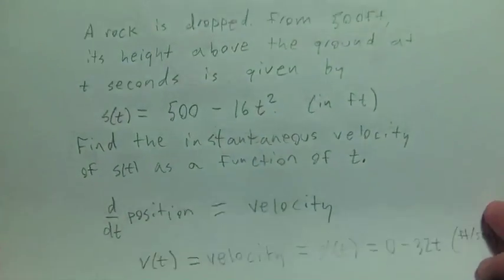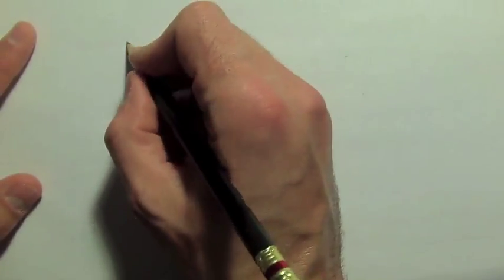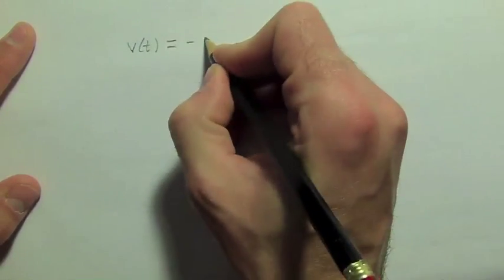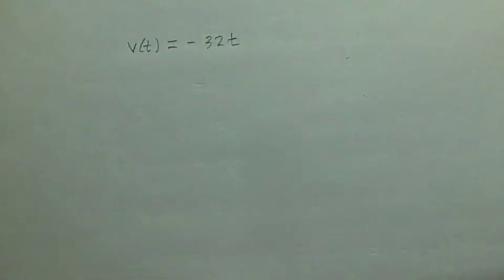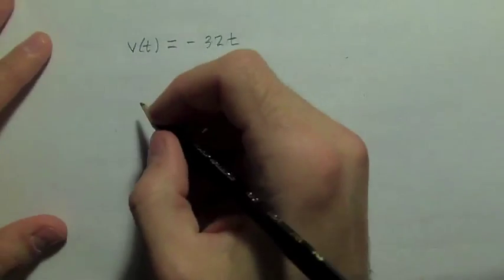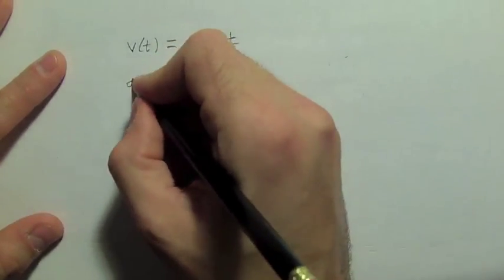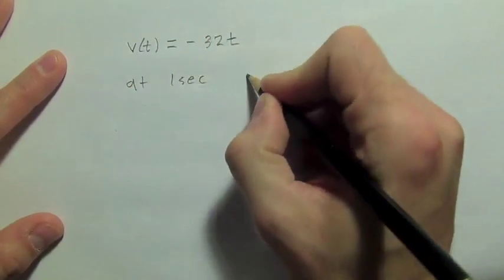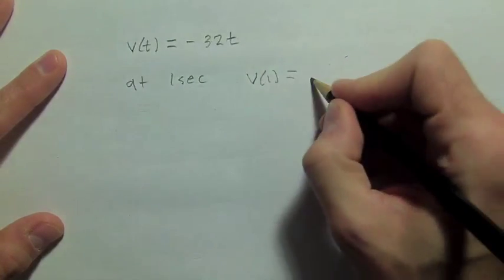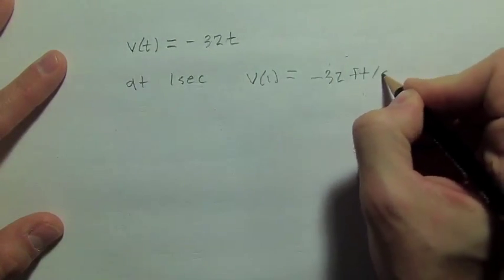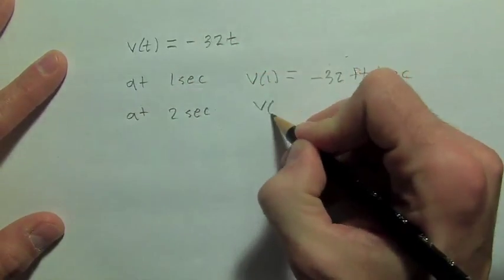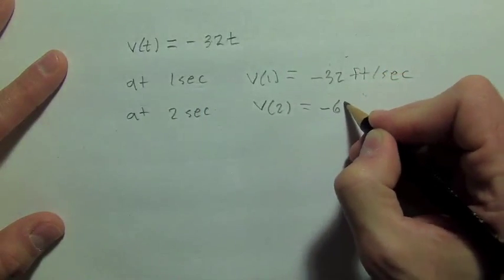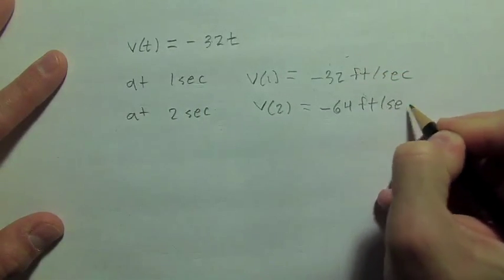So that function that it's asking for, the velocity, is negative 32t. Now I can find the velocity at whatever time I want. At 1 second, the velocity is negative 32 feet per second. At 2 seconds, the velocity is negative 64 feet per second.